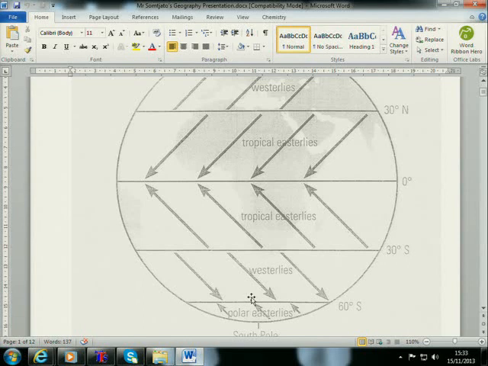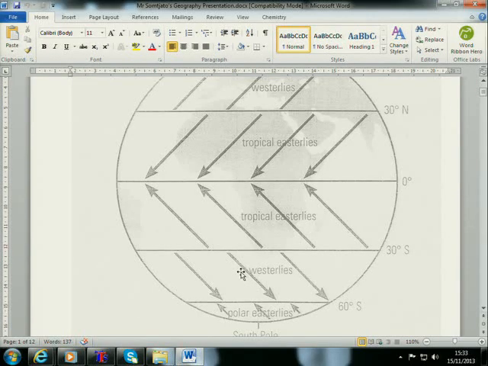This will remind you of the pressure gradient force. It is because of the pressure gradient force that the air moves from the high pressure area to a low pressure area. The surface wind resulting from that, from the subtropical high pressure belt to the subpolar low pressure belt, is called the westerlies.